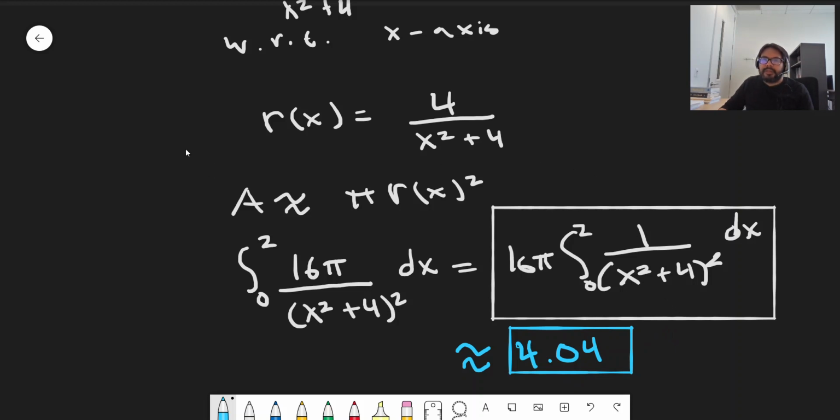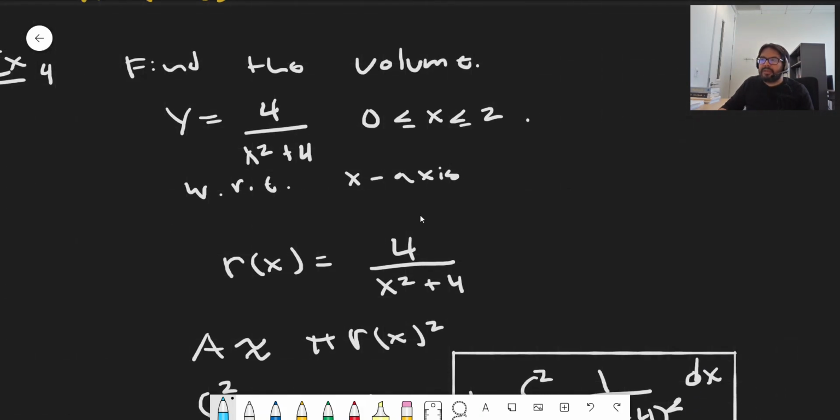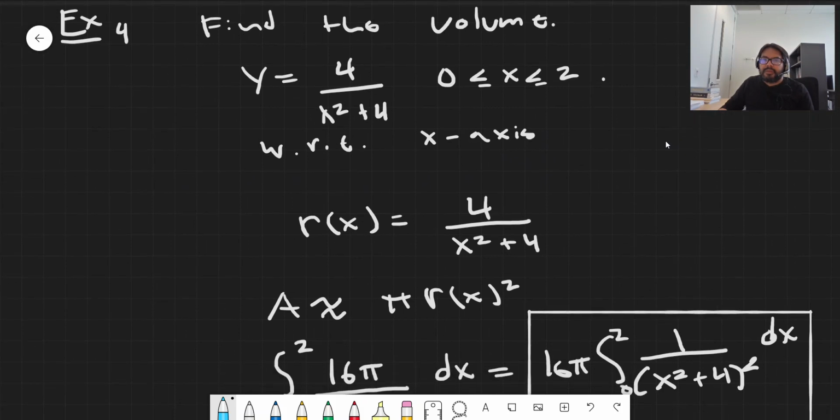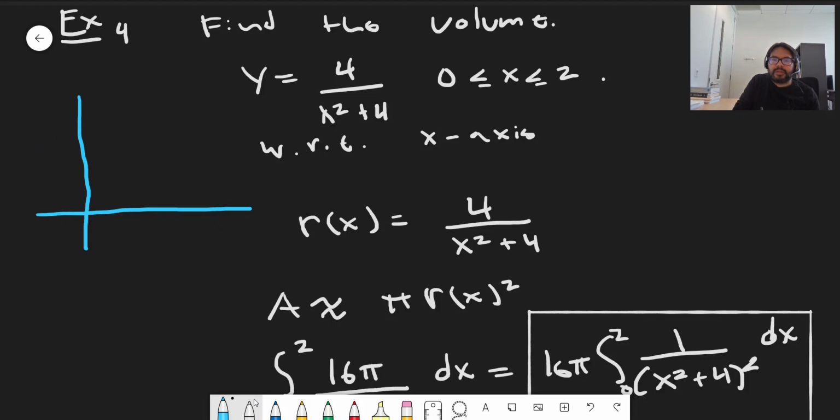And note that if you were to graph this in the x and y plane, basically you have a curve that's odd. So it kind of goes like that a little, and then it only goes up to 2.